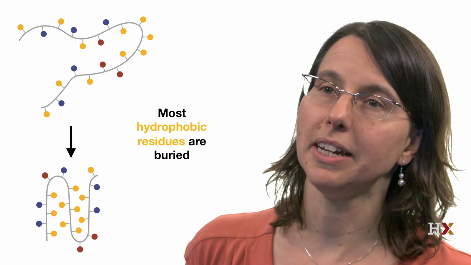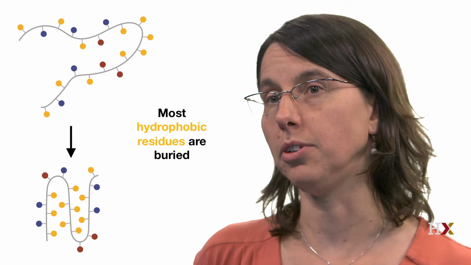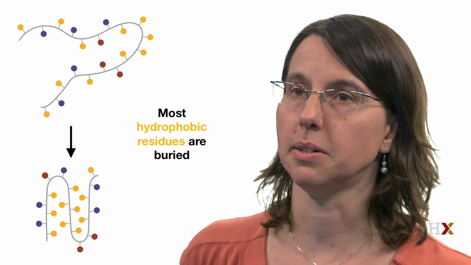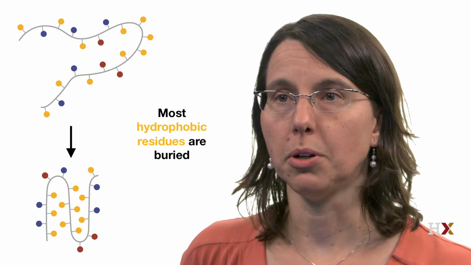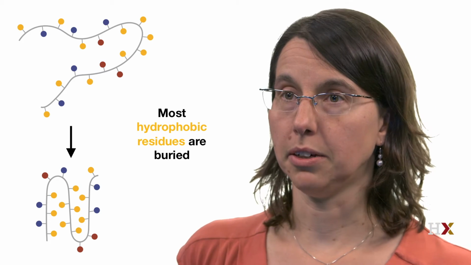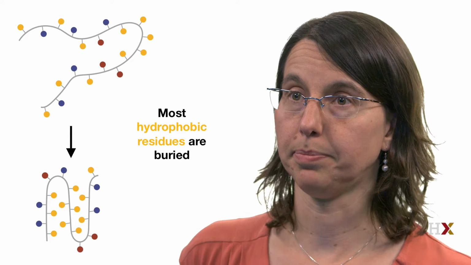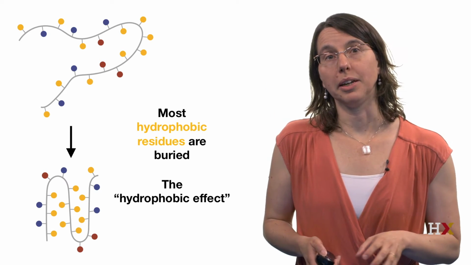So there's a great increase in the conformational entropy of water upon protein folding, and actually of the whole system. So there's a favorable gain in entropy in the system by releasing water molecules from the hydrophobic surface when you bury them in the hydrophobic core. And this is called the hydrophobic effect.